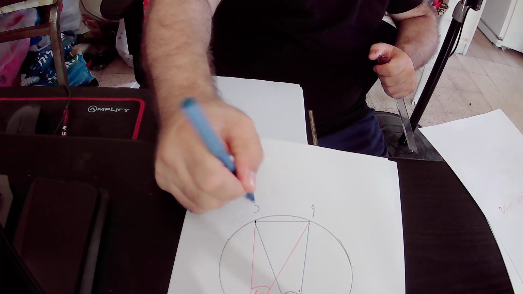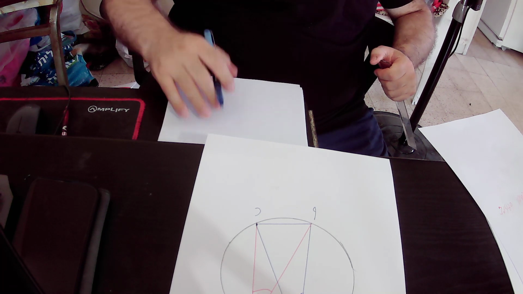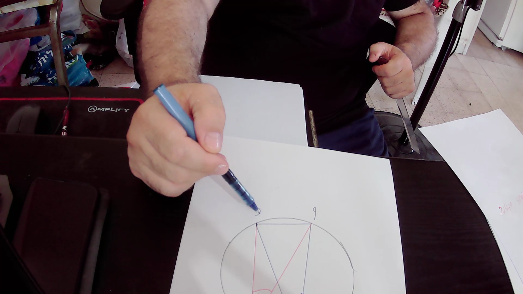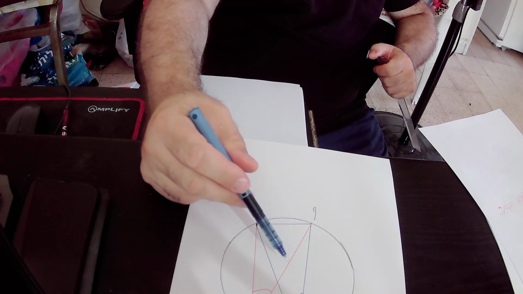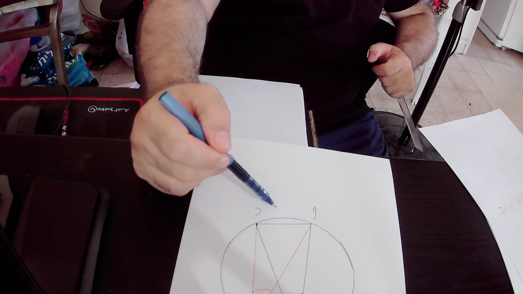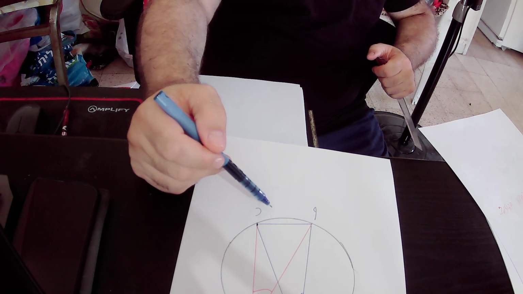As you can see from the drawing, angle alpha rests on chord BC and also arc BC, and angle beta also rests on the same chord BC, or you can say also arc BC.